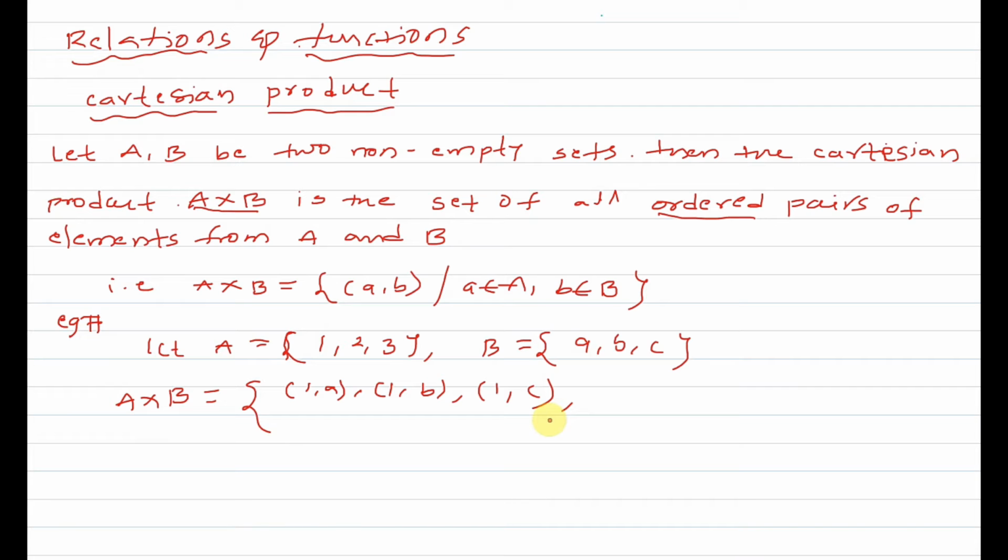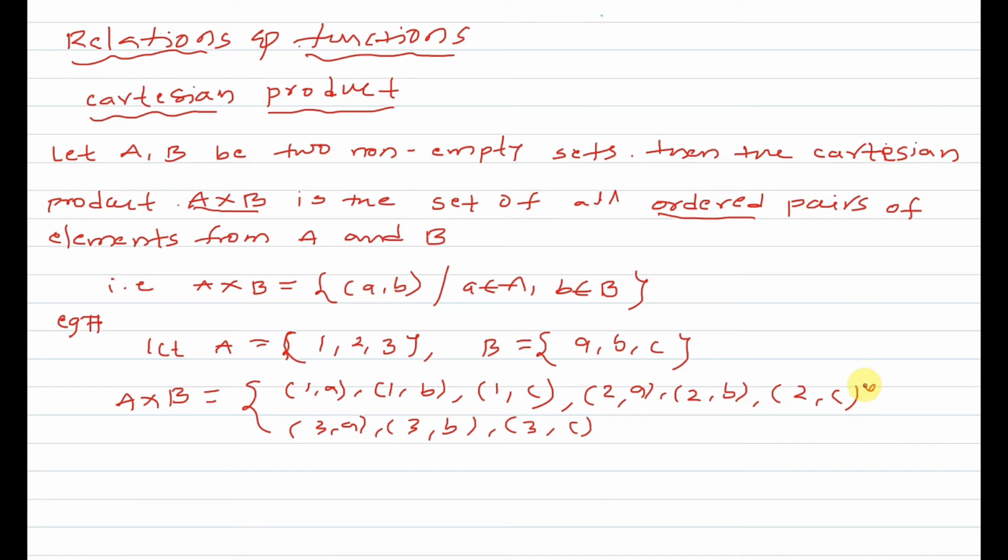Next, here 2 is there. With 2 also: (2, a), (2, b), (2, c). With 2 is over. Now with 3: (3, a), (3, b) and (3, c).